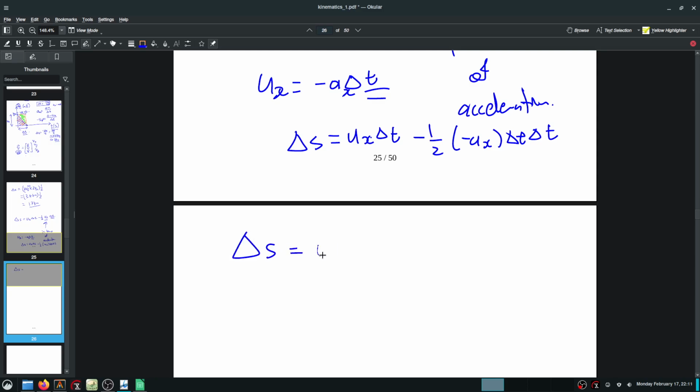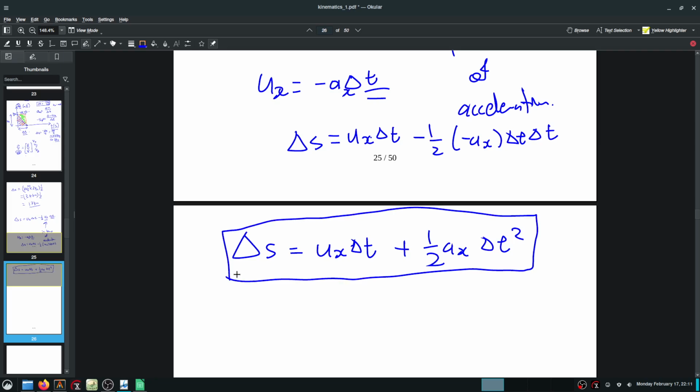Delta s equals ux, the time taken to slow down, plus half ax delta t squared. Here is your other formula for calculating distance under constant acceleration, where you have some initial velocity: s equals ut plus half at squared. That's what you may see in textbooks.